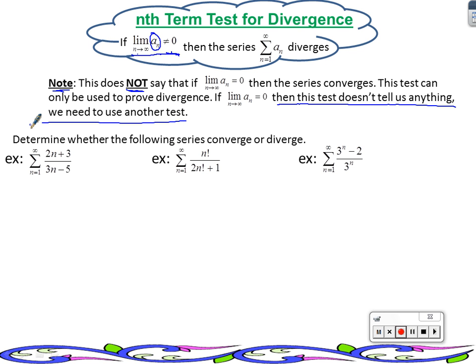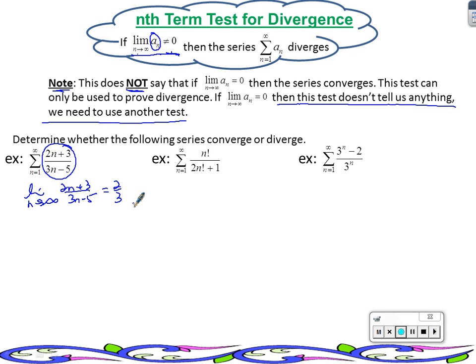This first one, hopefully this is my nth term, a sub n. So the limit as n goes to infinity of (2n + 3) over (3n - 5). I take that to infinity, and hopefully we are at the point where we can do that in our head. We talked about this yesterday. This is going to be 2/3.